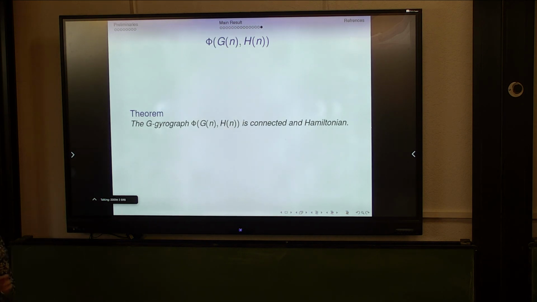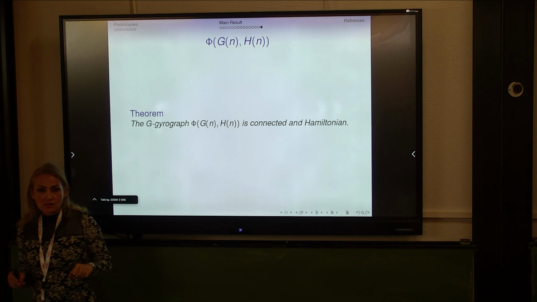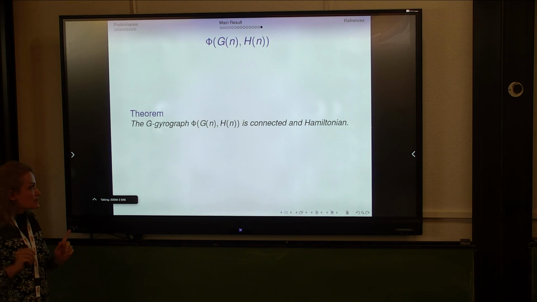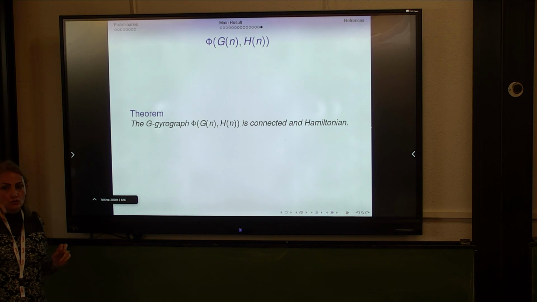It would be better to say conjecture rather than theorem. I believe that the gyrograph of Gn with Hn is connected and Hamiltonian. It has the size of Hn, which is equal to m, 2 to the n minus 1, I called m. There are m parts, and each part has m vertices in the form of pairs, where each pair has 2 elements in common with the vertices in other levels.